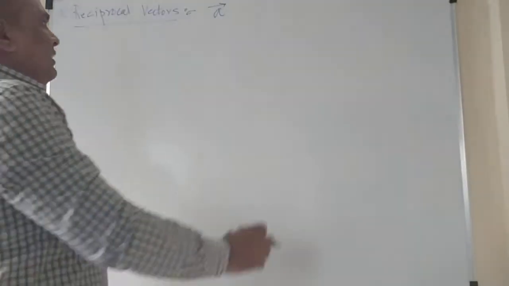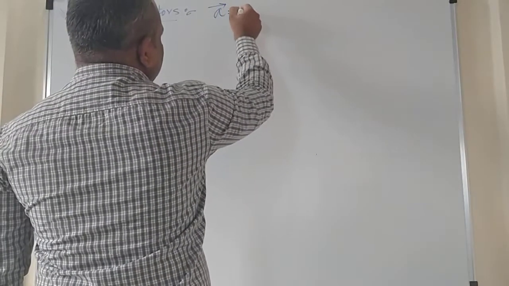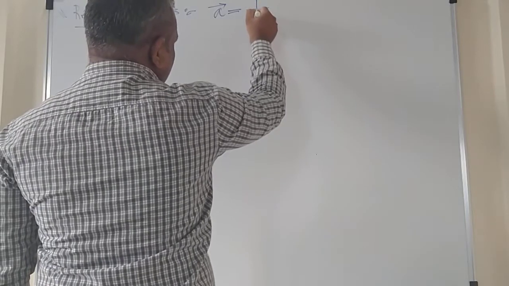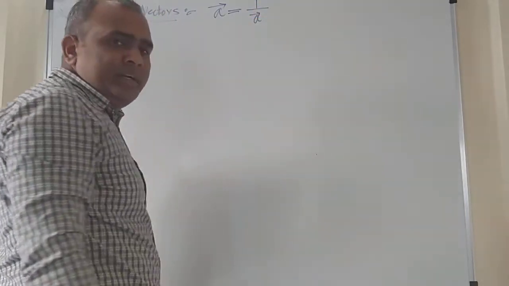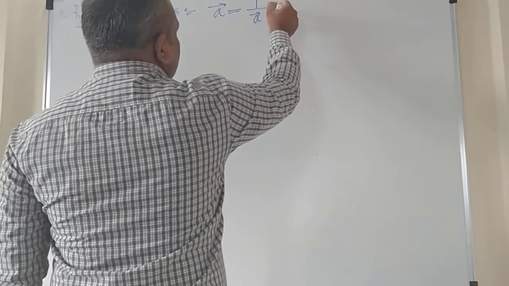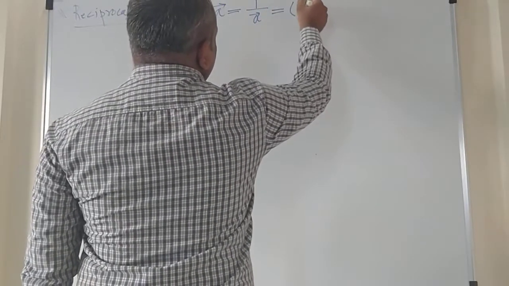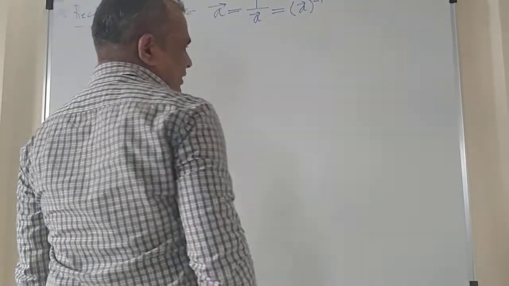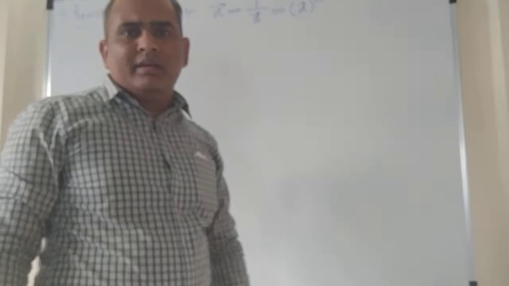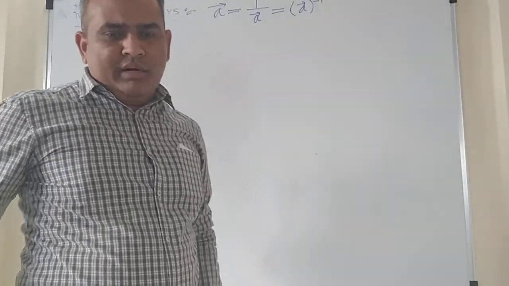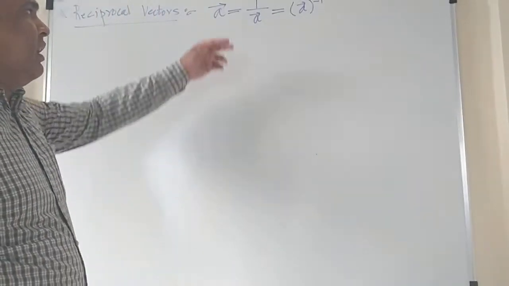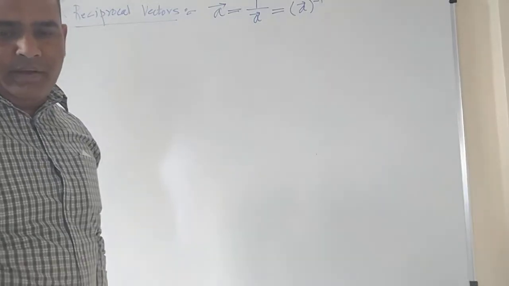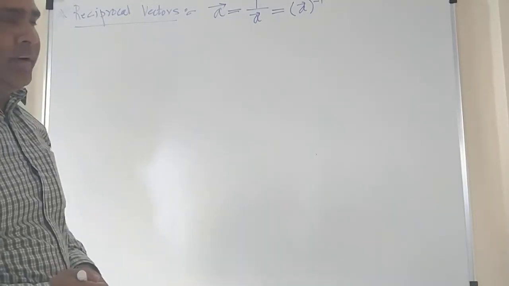Then the reciprocal vector of A bar must be equal to 1 upon A bar. Got it? 1 upon A bar I can write as A bar raised to power minus 1. So reciprocal vectors are always represented with the help of the vector raised to power minus 1.